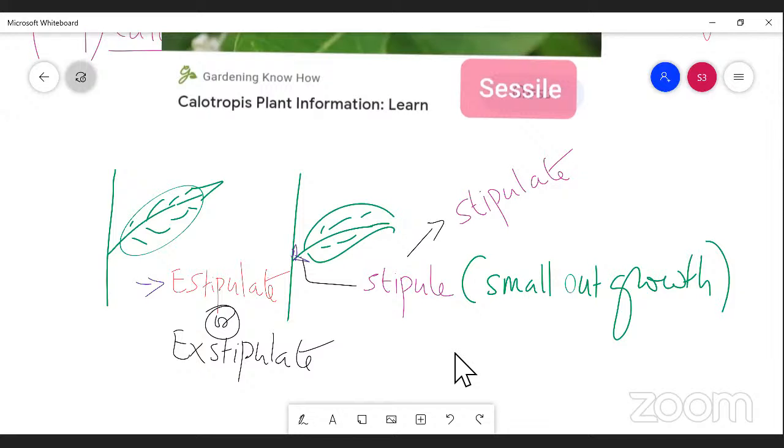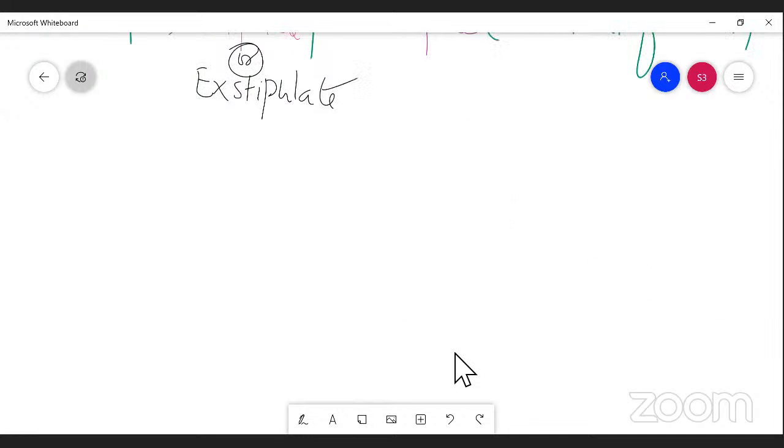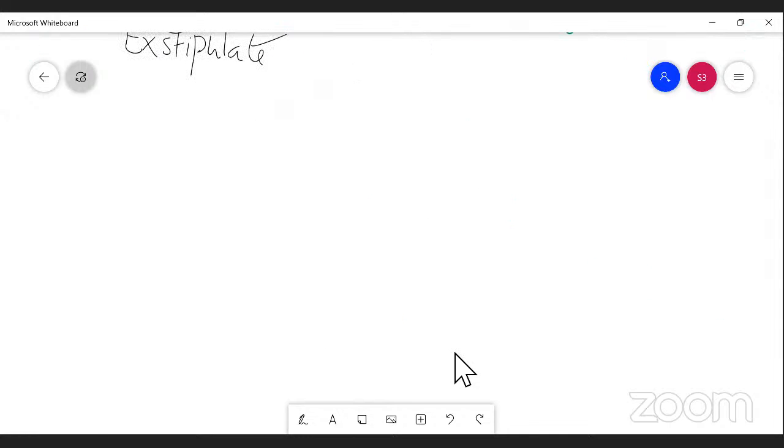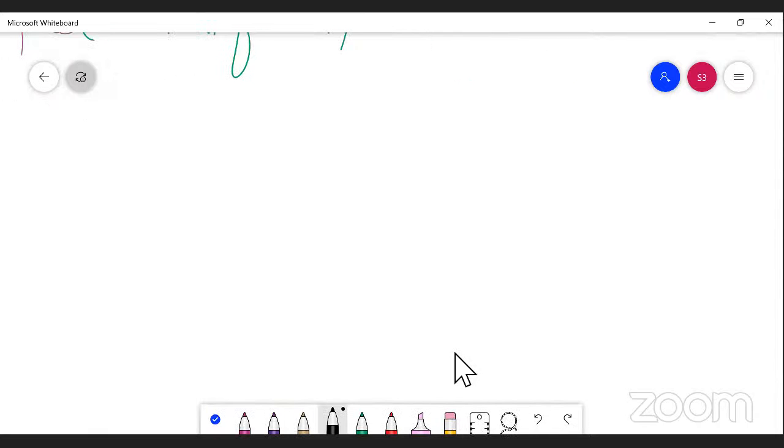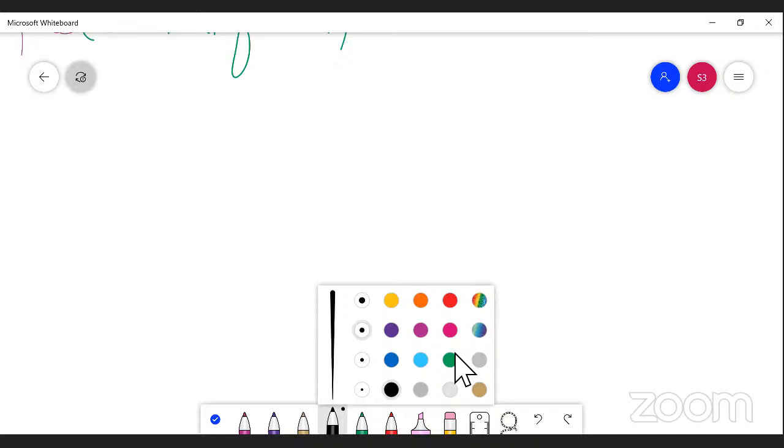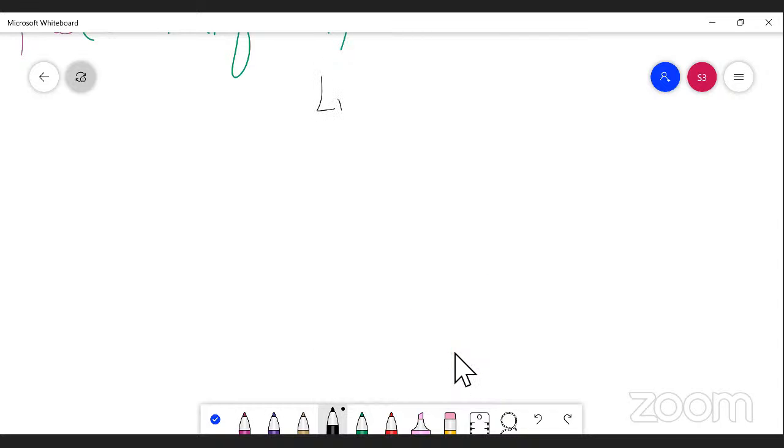Generally, stipules are found only in dicotyledons, whereas in monocotyledons, there are ligules. Instead of stipules, you find ligules. So a ligule is also a small leaf-like structure. Now this is a grass, or a monocotyledon, in which you find a number of nodes.